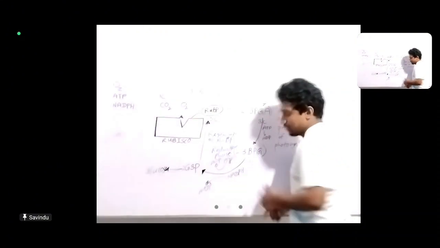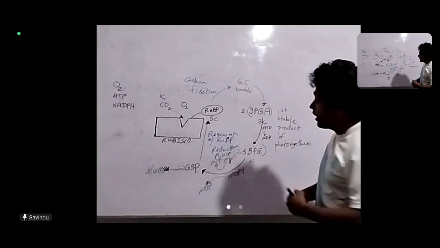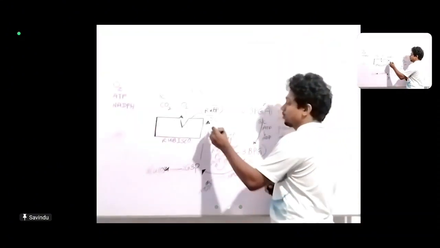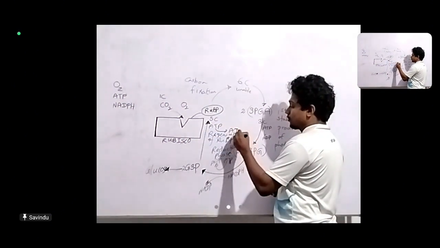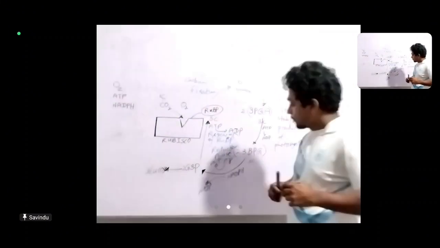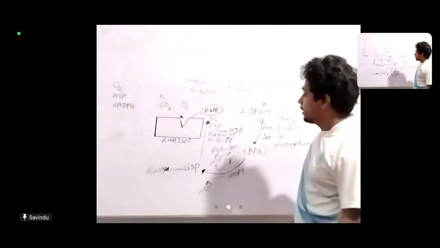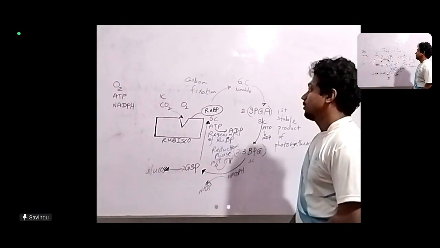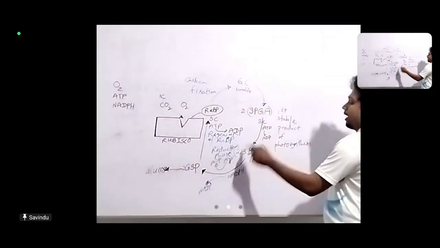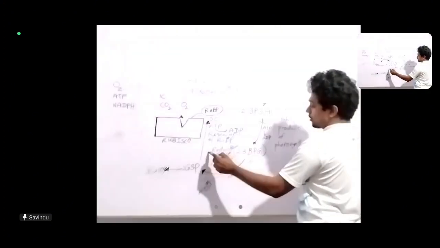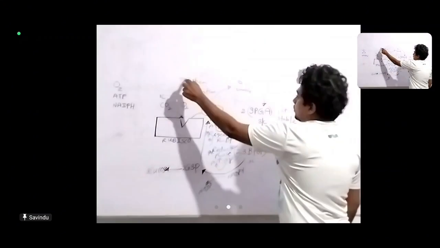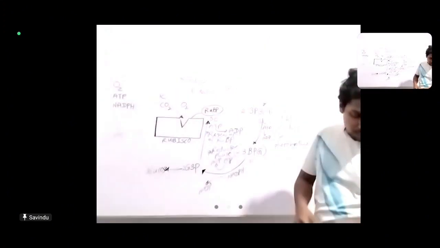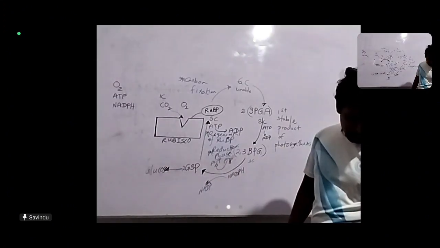The rest of the ATP is consumed to regenerate RuBP, and also for the reduction phase. Okay, this is what we call the Calvin cycle.